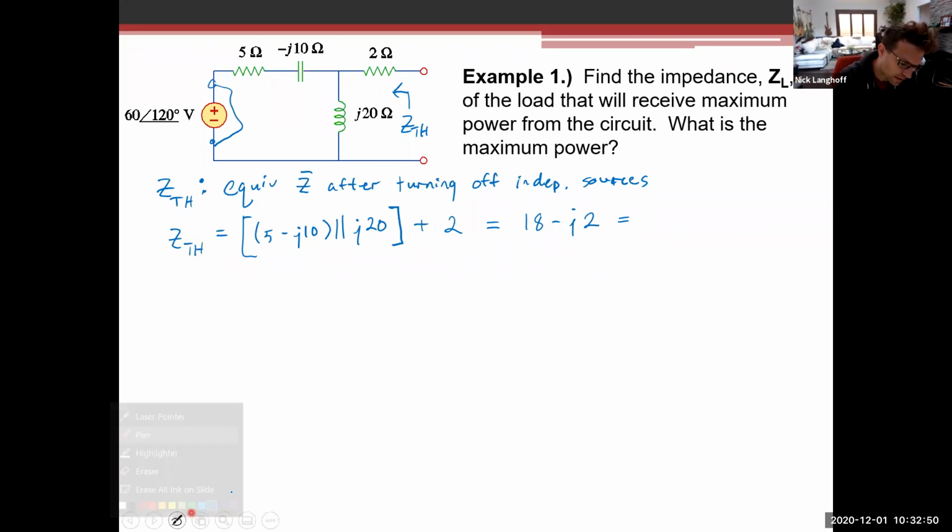Keep that in mind as you're looking at this. Z Thevenin is equal to R Thevenin plus j times X Thevenin. And if we find each one of these, we now know that this is R Thevenin, and this is X Thevenin.